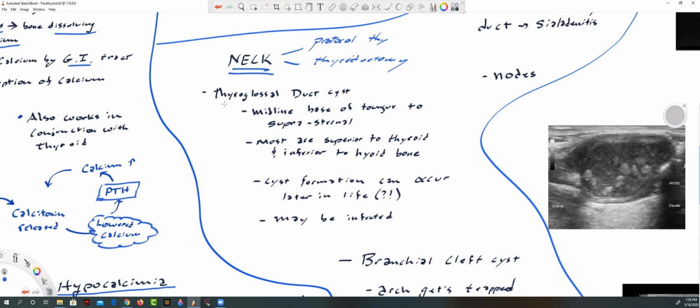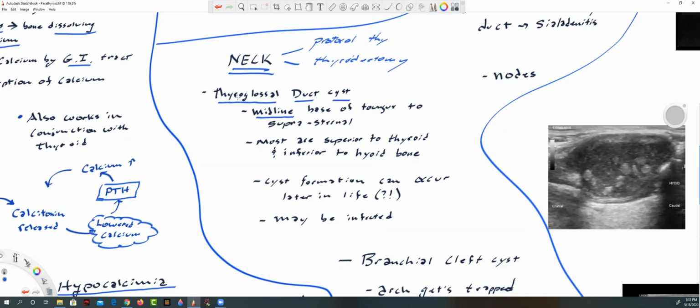We can find, dead center, midline, a thyroglossal duct cyst. The thyroglossal duct goes from the base of the tongue all the way down to the bottom of your neck. That is where the thyroid, the parathyroids, even the thymus, all traveled from the base of the tongue.